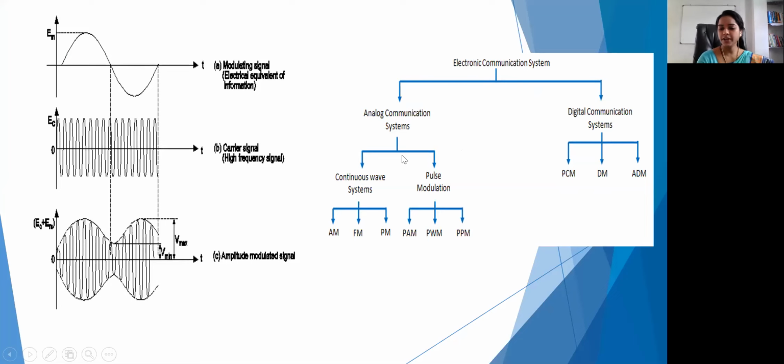Okay, here we are seeing the types of modulation, how differently we can modulate the signal. In analog we can classify as continuous wave systems and pulse modulation. जैसे आपका जो ये particular sine wave है, your audio signals, that is a continuous wave signal.